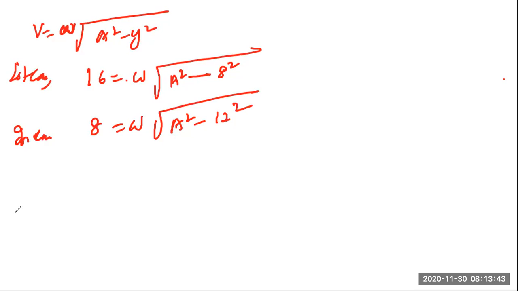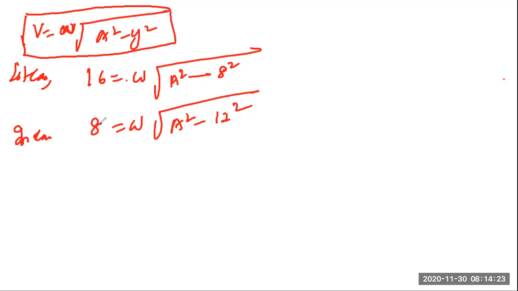Tell me the answer. This formula we have written just after the expression for velocity of simple harmonic motion. When you divide, omega will cancel, and this will come 16 by 8.